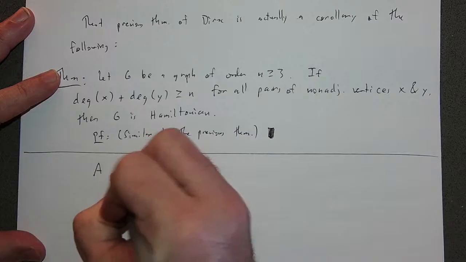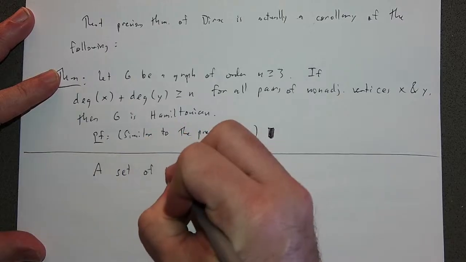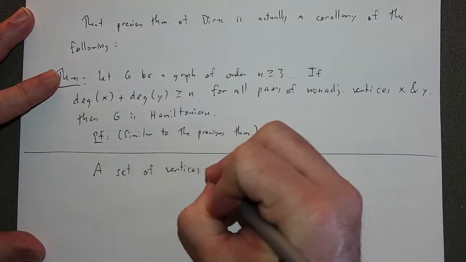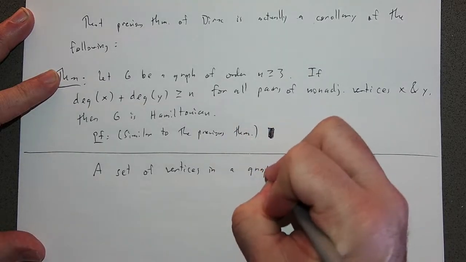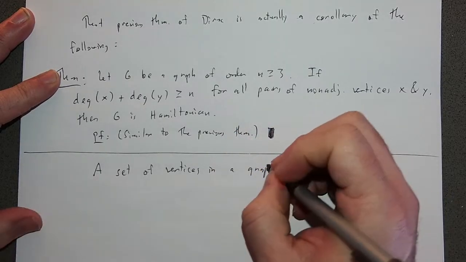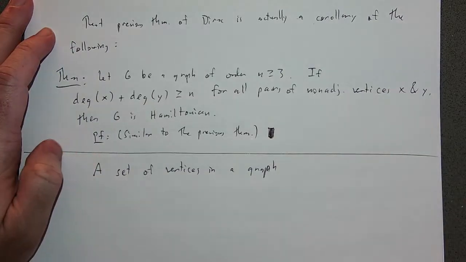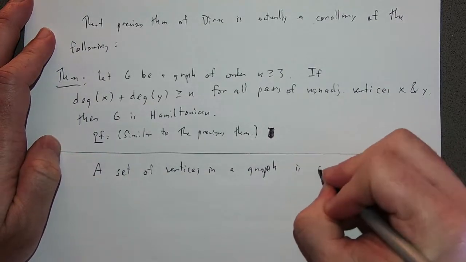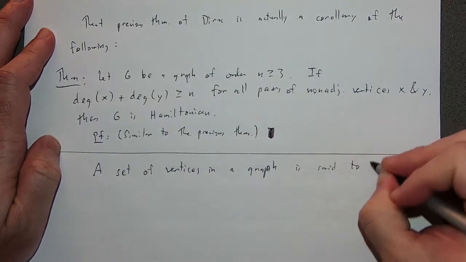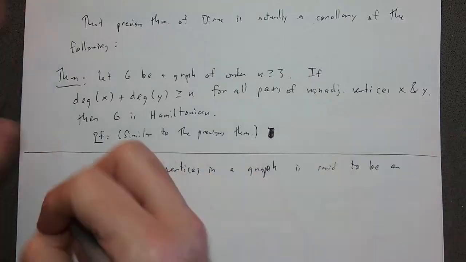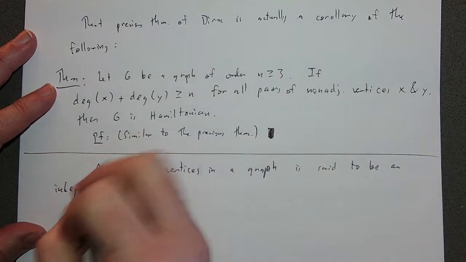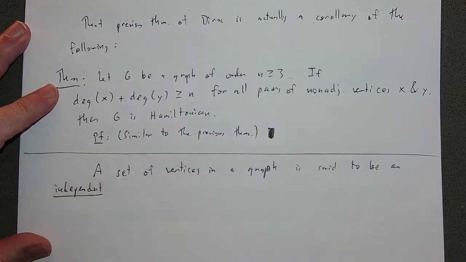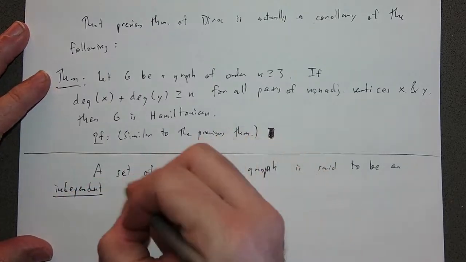A set of vertices in a graph is said to be an independent set of vertices if they are pairwise non-adjacent.